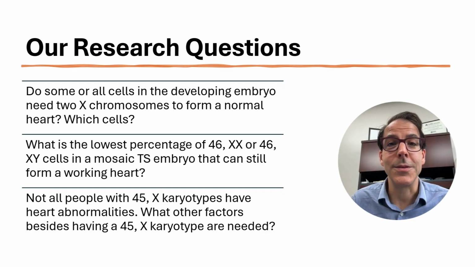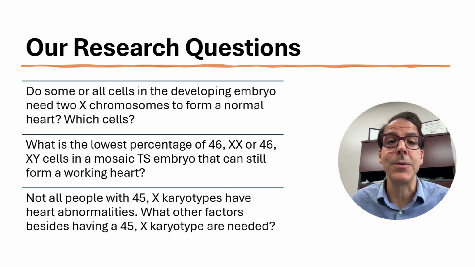We set out to answer a few research questions that came about because we wanted to learn why certain types of heart and blood vessel problems are so common in Turner syndrome. For example, do some or all cells in the growing embryo need to have two X or Y chromosomes in order to form a normal heart? And which cells in the embryo actually need these chromosomes to function normally?